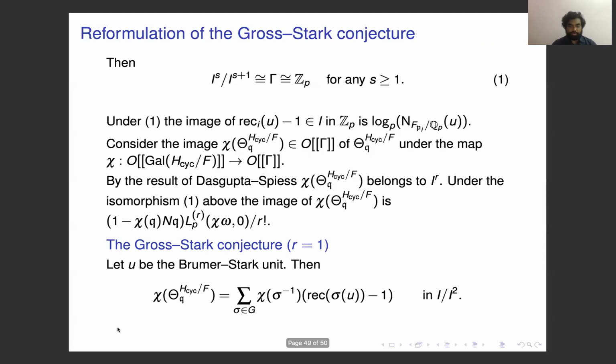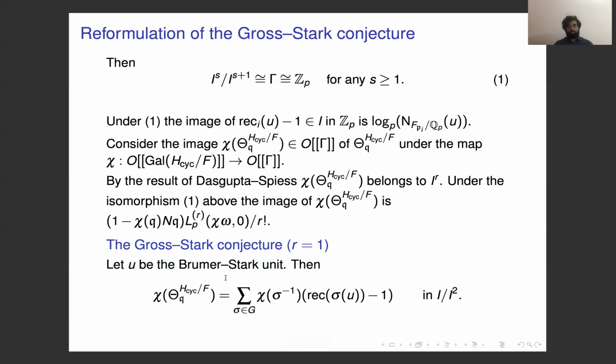All right. So the reformulation of the Gross-Stark conjecture is that, well, I'll only state it for r equal to 1 because in the original formulation of the Gross-Stark conjecture, we did not have to assume the Brumer-Stark conjecture.